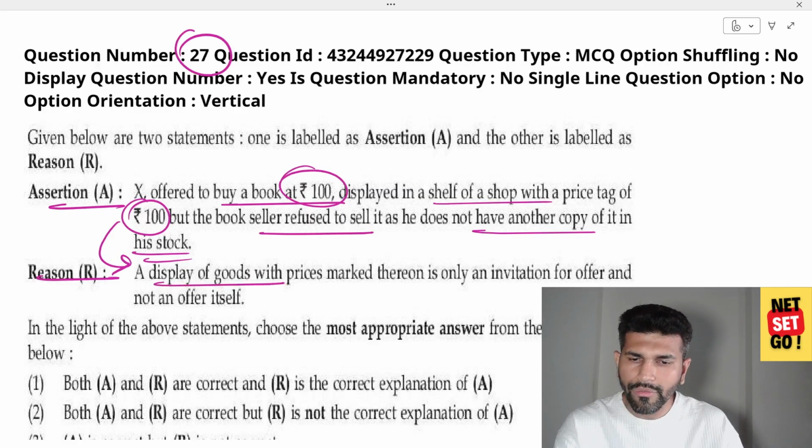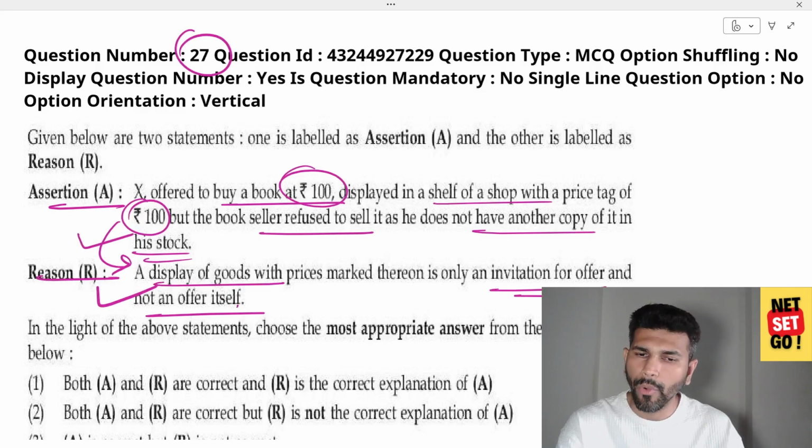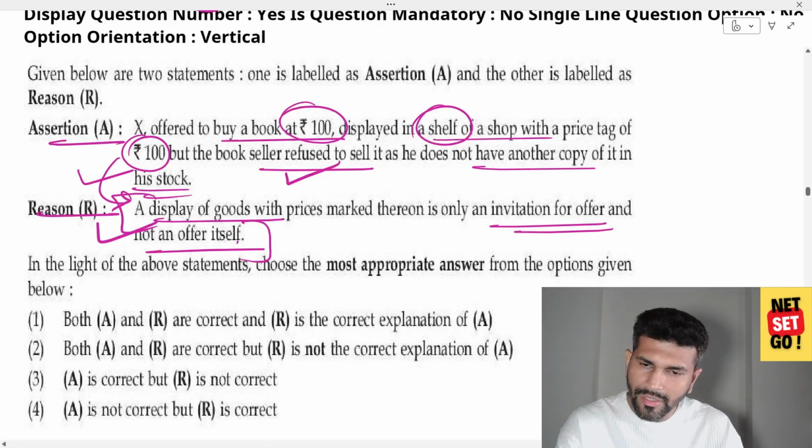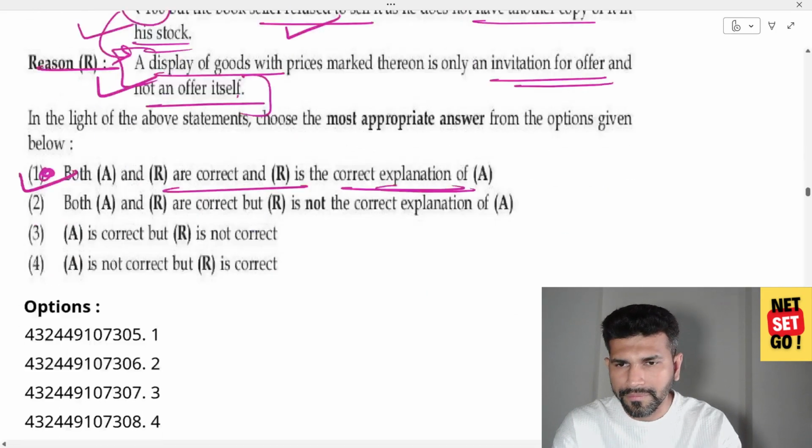A display of goods with price marked thereon is only an invitation for an offer and not the offer itself. Correct. So assertion and reason both are correct. The seller can refuse to sell, and the reason is just display is an invitation for an offer but not the offer itself. So both are correct and R is also the correct explanation of A. Option 1 is the correct answer.